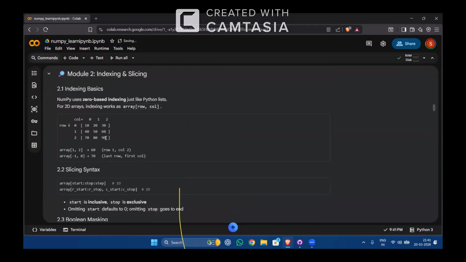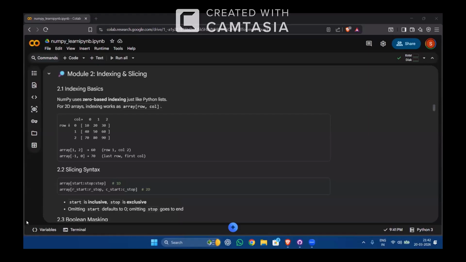So indexing. Indexing is the provision to get an element from a NumPy array. If there is only one dimension, you can simply use an index starting from 0 for the first element, 1 for the second element, 3 for the fourth element, like that.